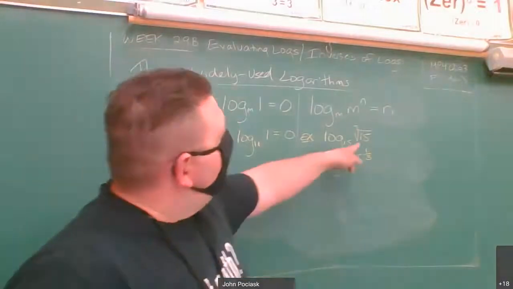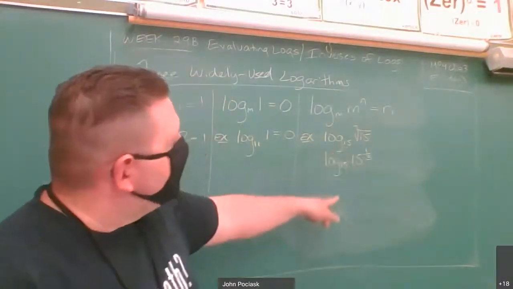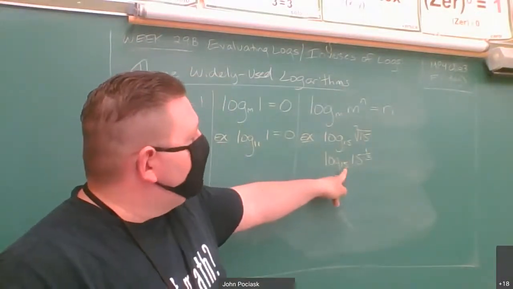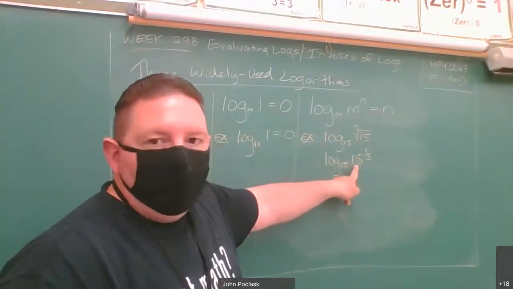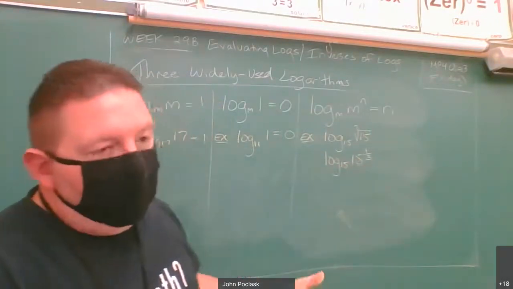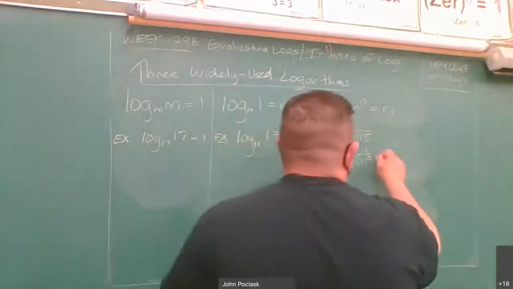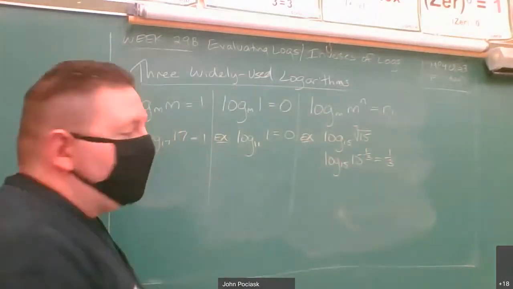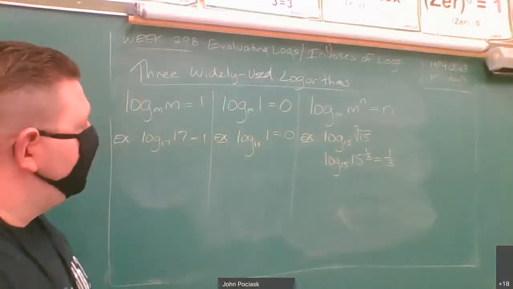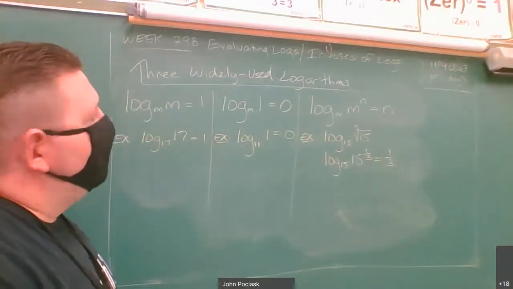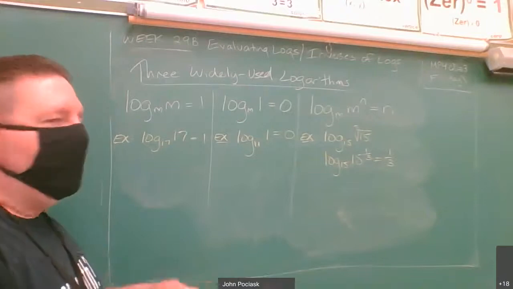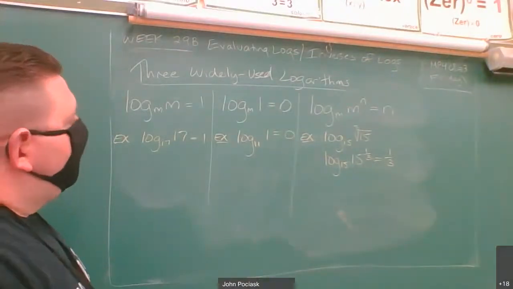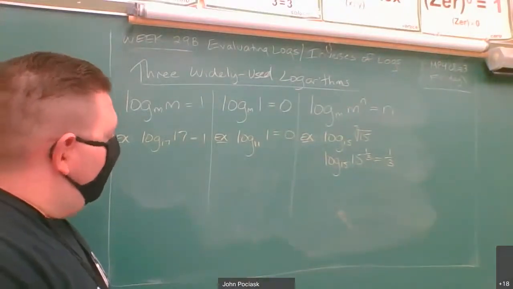So you rewrite it as 15 to the 1/3. Now you see it fits the mold. The log base 15 of 15 to the 1/3, and our answer was indeed 1/3. So it does save you some time if you remember these, instead of writing out and translating it the long way that we've been doing. All right, these show up a lot.